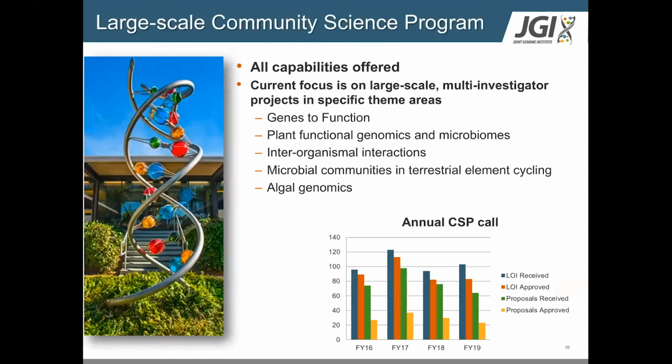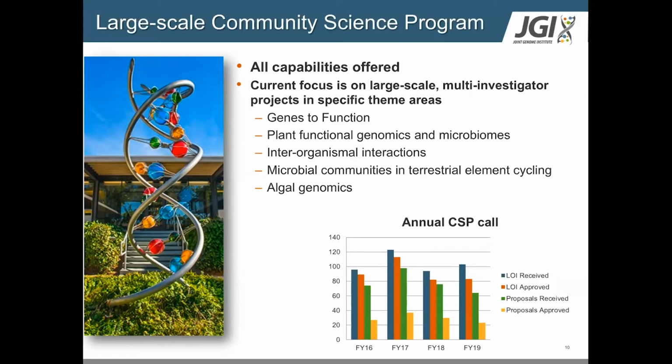Again, I'm listing a subset of these particular user programs. One of them is called the Large Scale Community Science Program, and really the emphasis here is on large scale projects. We have a cap of 3 terabases for Illumina sequencing and 100 GB for PacBio sequencing under the auspices of this particular program per project.